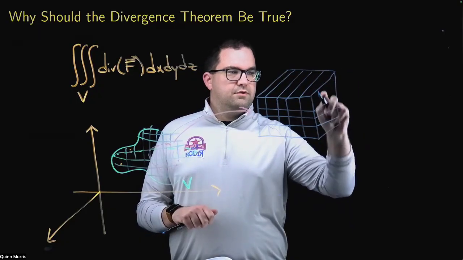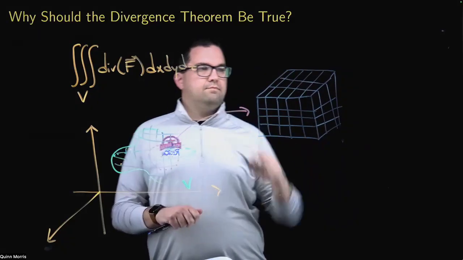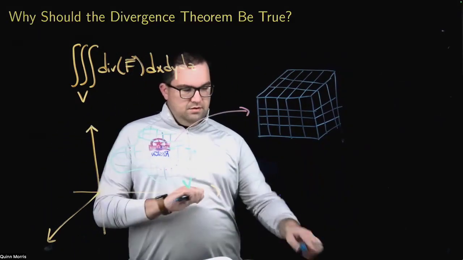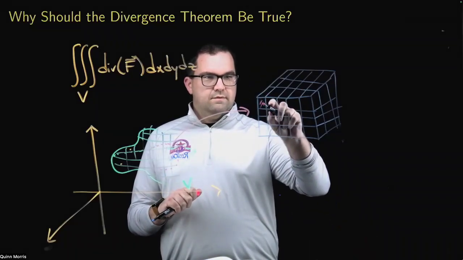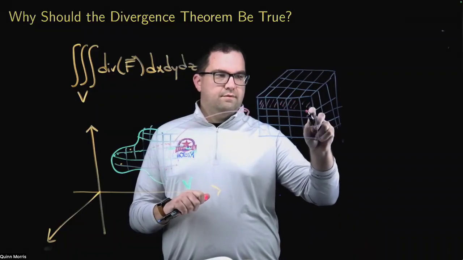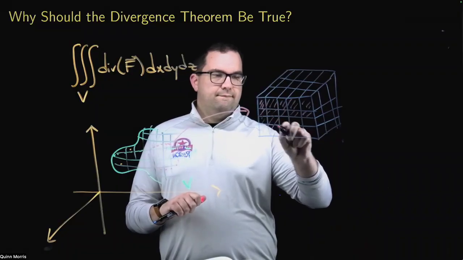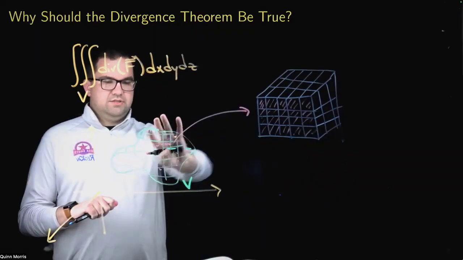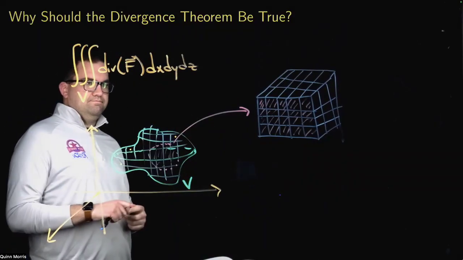Maybe we just have a couple here, sort of diced up. And again, I want to imagine that this face here is the one that's actually on the boundary of this volume.